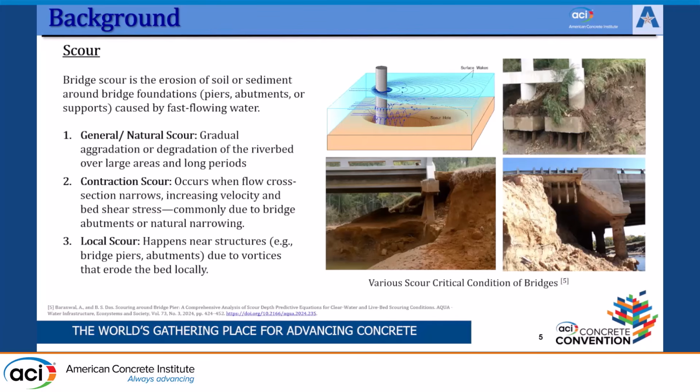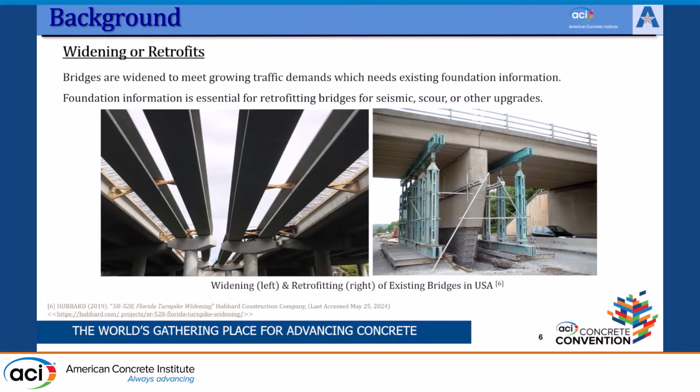And the last one is local scour, which is our main focus. When we build something like a pier or abutment in the middle of the channel, it creates vortices, and that creates local scour at the pier. You can see in the first picture, and the other picture shows the scour and exposure of the foundation, which is a really big problem.